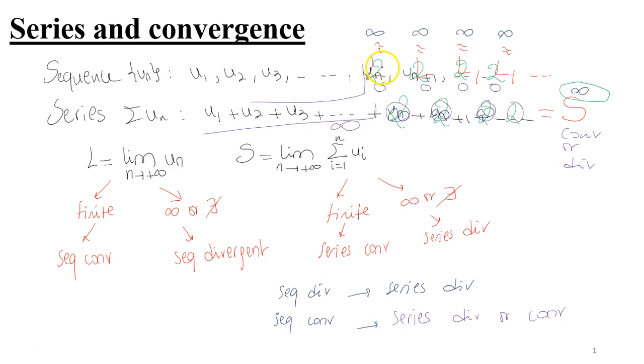However, if the sequence is divergent or has a limit that is different than 0, then we can definitely say that the series is divergent. But if the limit of the sequence is 0, in that case, the series could be divergent or convergent.